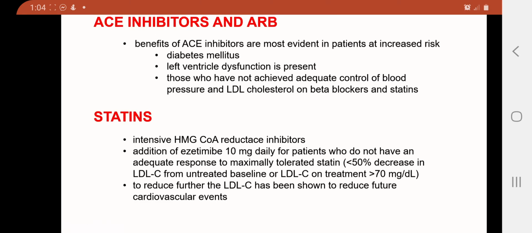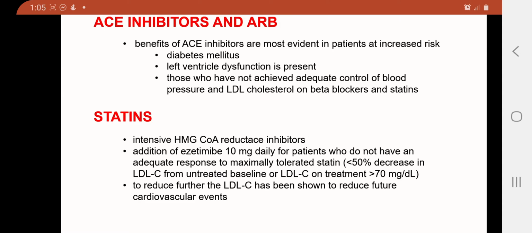ACE inhibitors are most evident in patients at increased risk. These are the primary indications for giving ACE inhibitors in MI: diabetic, if you have LV dysfunction, or those who have not achieved adequate control of blood pressure and LDL cholesterol on beta blockers and statins.